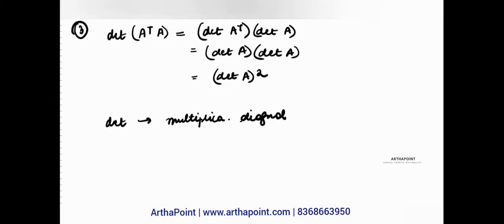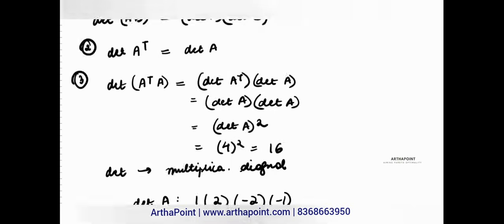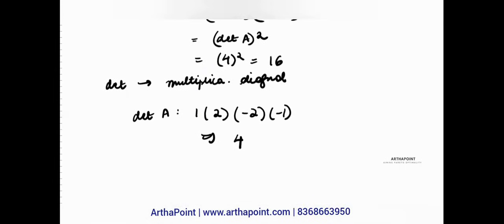So the determinant of A will be simply 1 into 2 into minus 2 into minus 1, which will be 4. And here if I put 4 square, it will be 16. So the answer to this question is simply 16. Okay, thank you.